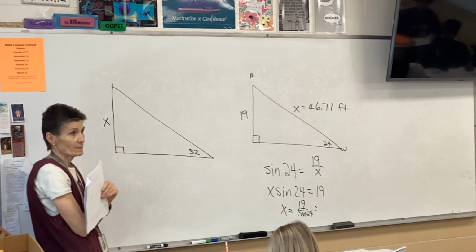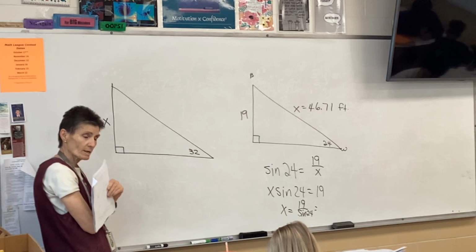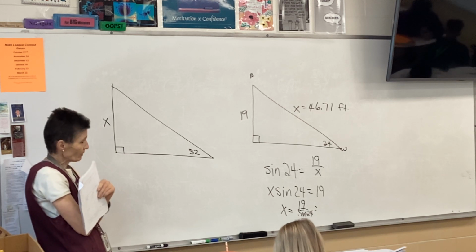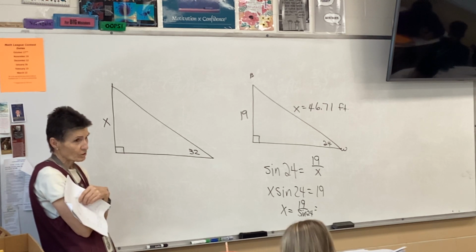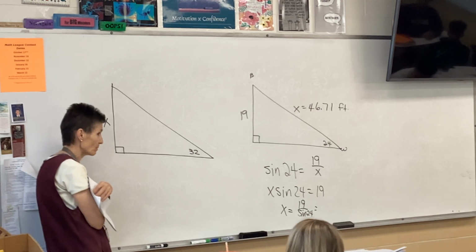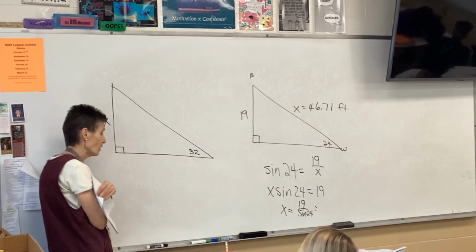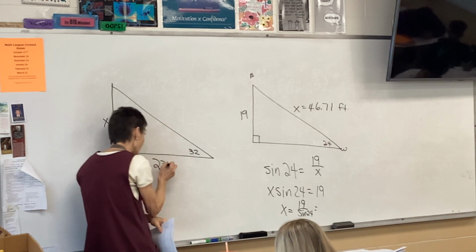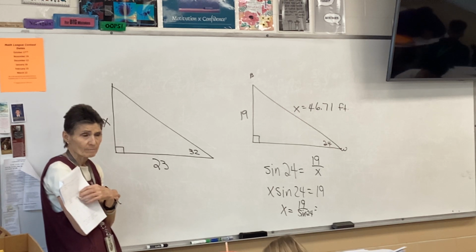Does that much make sense to everybody? Yeah. Okay, here's where, for some reason, we are goofy. There's a 23-foot shadow. So somewhere in that picture, I have to put a 23. Where does it go? On the bottom, because shadows are on the ground.